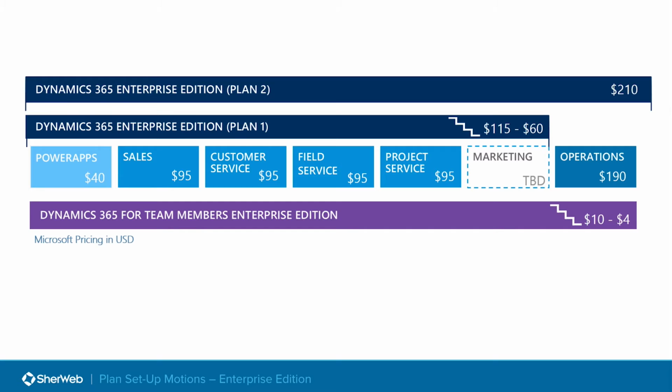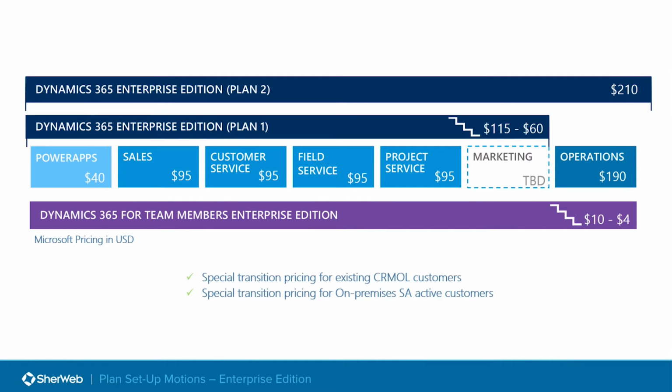So let's say you have an opportunity, 90 users, okay? Those guys, it will be cheaper to buy 100 plan 1 at $90 than buying those 90 users at $95. So keep that in mind. And as business grows, you go over 250, 500, 1,000, you can go as low as $60. Same logic for team member.